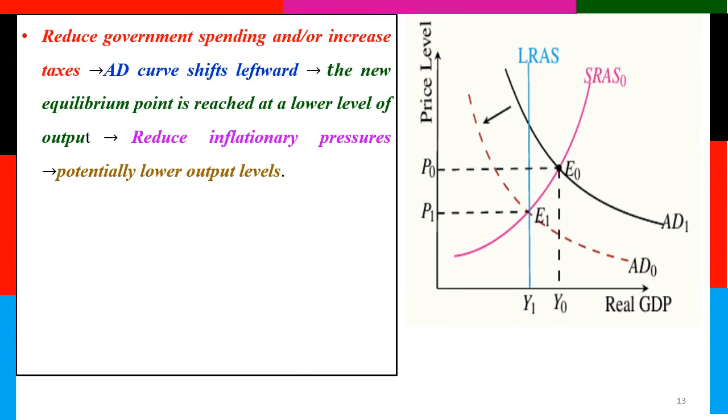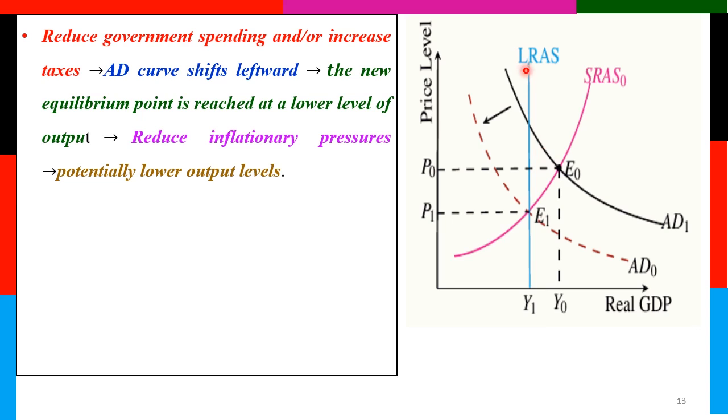Graphically, similar to that of expansionary, how the contractionary fiscal policy can correct excess demand or the inflation. Here, reduce the government expenditure or increasing tax means aggregate demand curve shift leftward. Here from this black line, initially the equilibrium is at this point, outside of what?